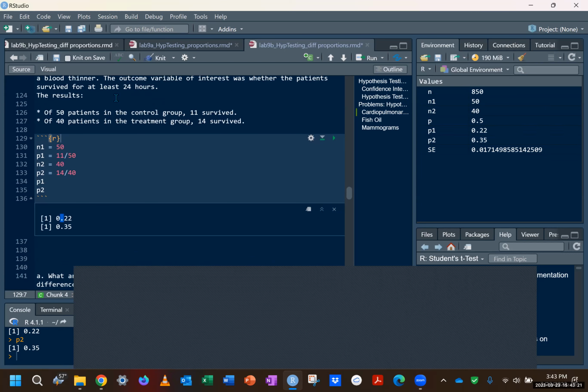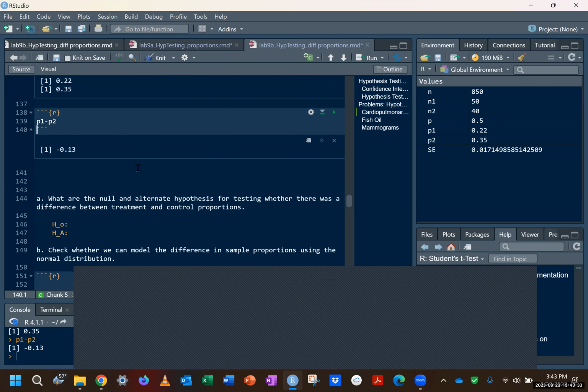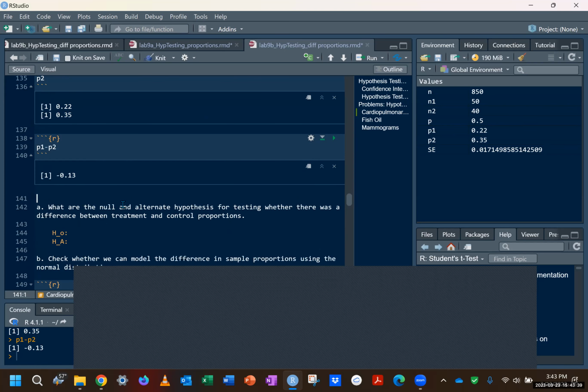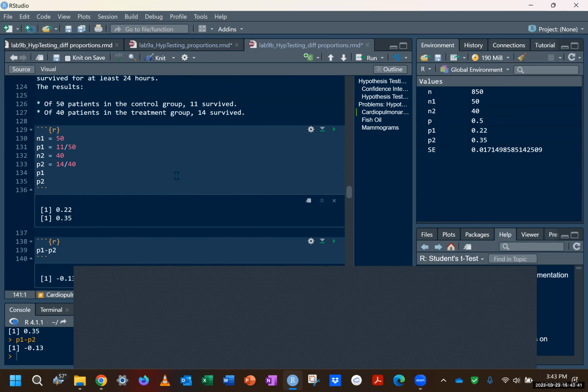P1 is the proportion of survival in the control group. P2 is the proportion of survival in the treatment group. Okay, there's a difference there. You can see at P1 minus P2, there's a difference of about 13%. That's pretty significant. Well, we can't say it's significant because maybe this is happening due to random chance.